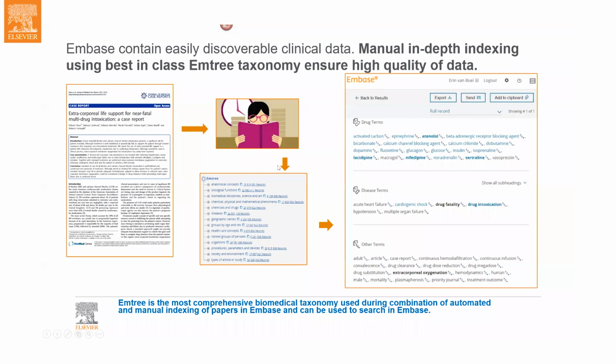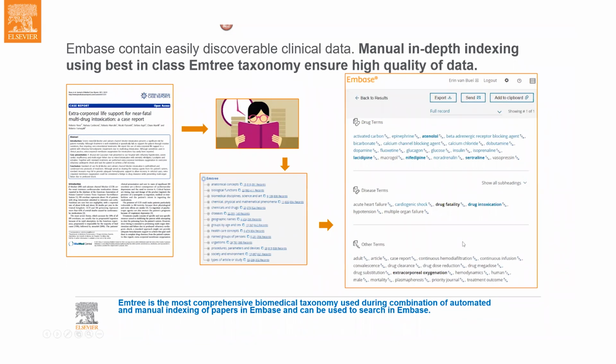And these concepts are added as index terms, Embase index terms, in alignment with the biomedical taxonomy tree, Emtree. So for each article, you can see all the drugs discussed in the article, all diseases discussed in the article, and additional biomedical terms discussed in the article.